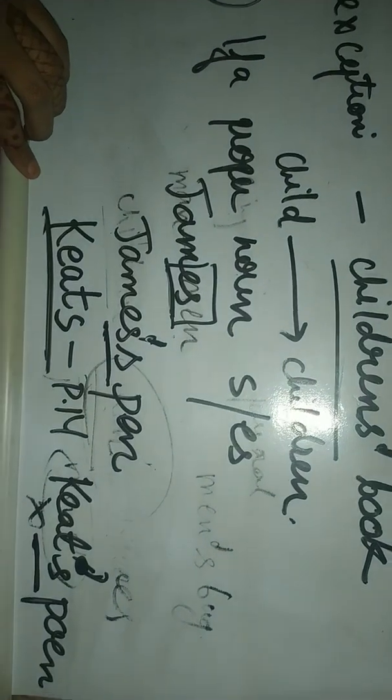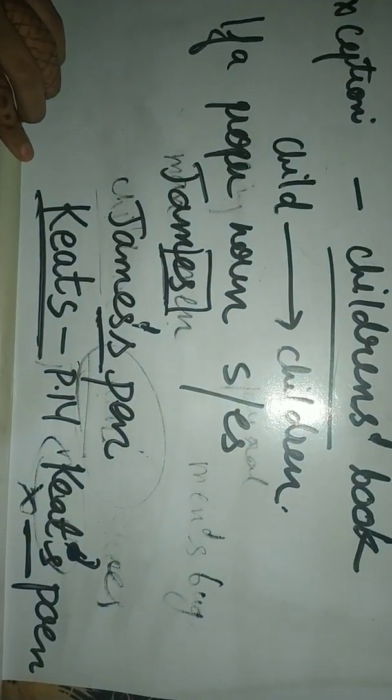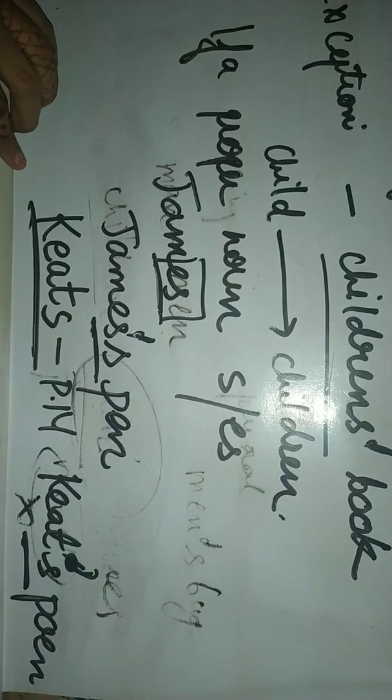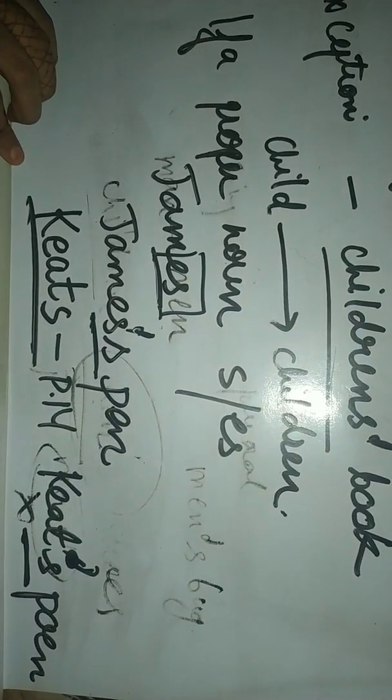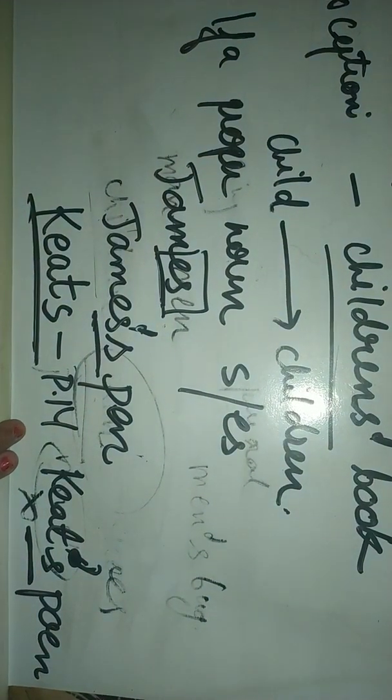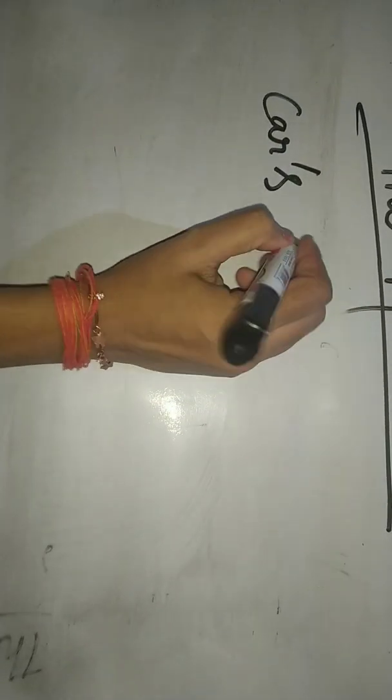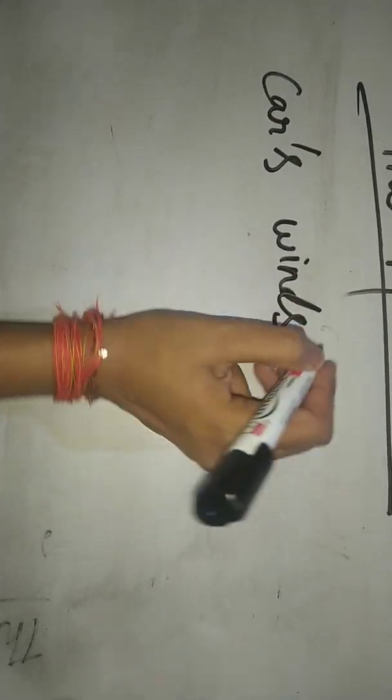But remember one more thing, that it is not used in case of non-living things. The apostrophe is not used in case of non-living things. For example, car's windshield. Clear? So it is wrong.